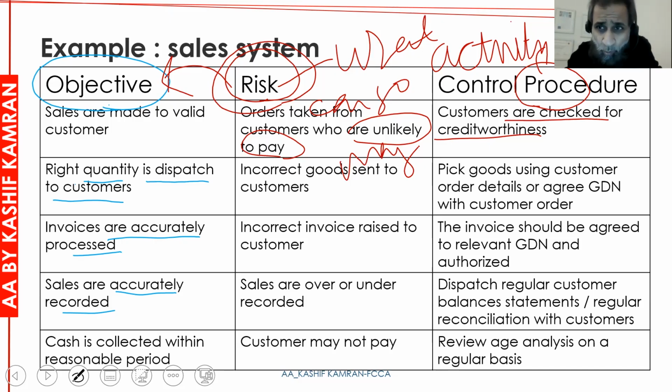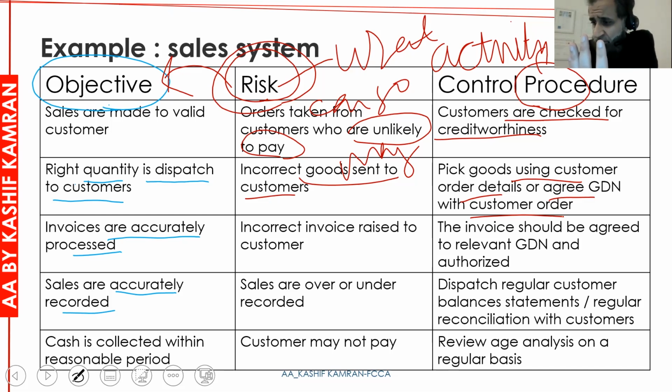Second, right quantity is dispatched to customer. What's the risk? Incorrect goods sent to customer. How to overcome this risk? How to mitigate this risk? Pick goods using the customer details or agree the goods dispatch note with the customer order. When you are dispatching goods to a customer, keep the order in front. Okay, Mr. A ordered 100 units. I'm dispatching to Mr. A. What is the goods dispatch note of Mr. A?